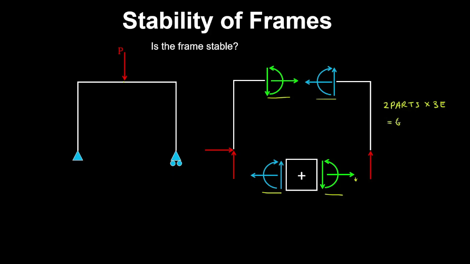So that gives us 6 equilibrium equations. And here we have 3 unknown reactions plus 3 unknown internal forces, because these forces and moments here are equal and opposite to these. So therefore we have 6 unknowns. And because the number of unknowns is equal to the number of equations that we have to solve for them, then this frame is stable.